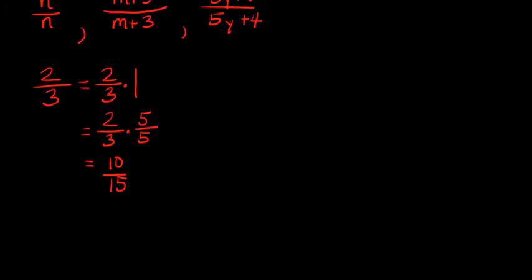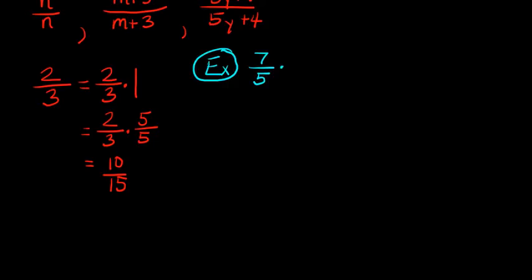Okay, so let's do an example. If you were asked to write an equivalent expression for 7/5 by multiplying it by 1, we're going to say that 4 over 4 is 1, so we're going to multiply this by 4 over 4.